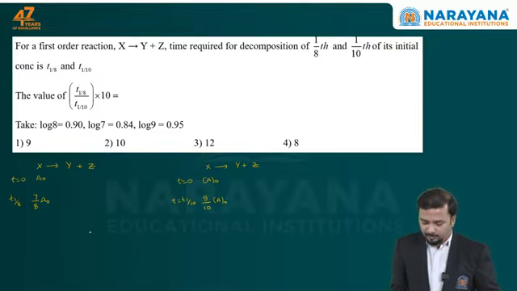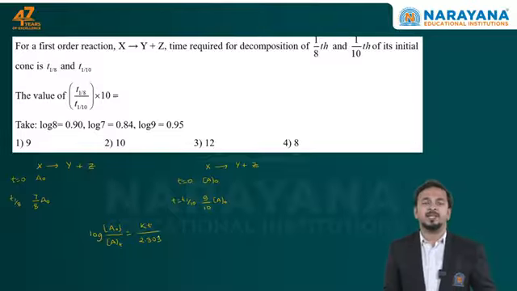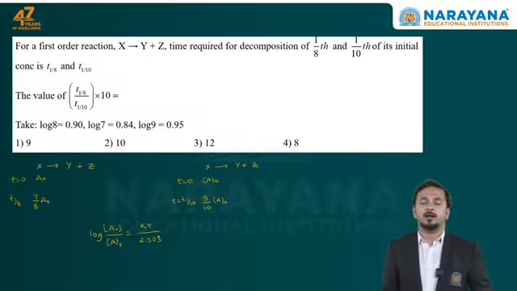Now we know for first order reaction, the formula is log of A naught upon AT is equal to KT upon 2.303, where A naught is initial concentration and AT is the concentration which is left after time t.